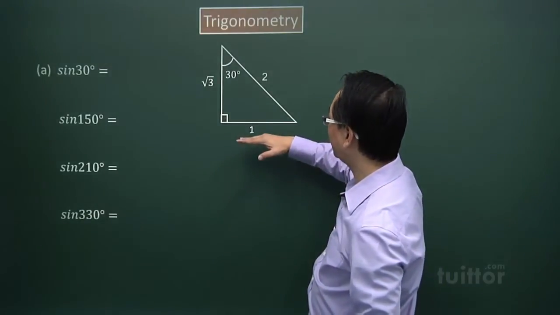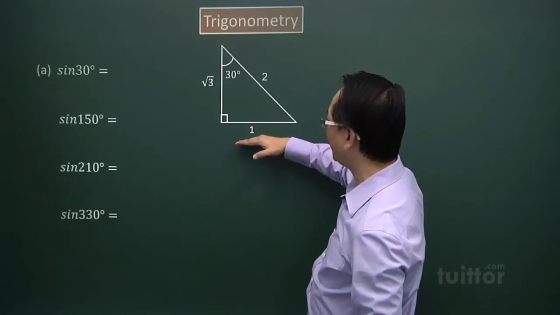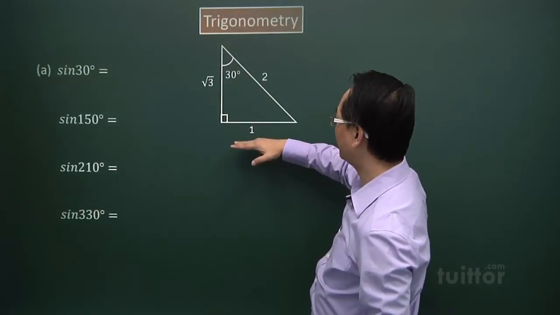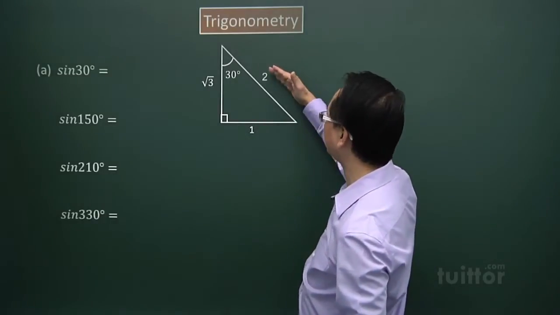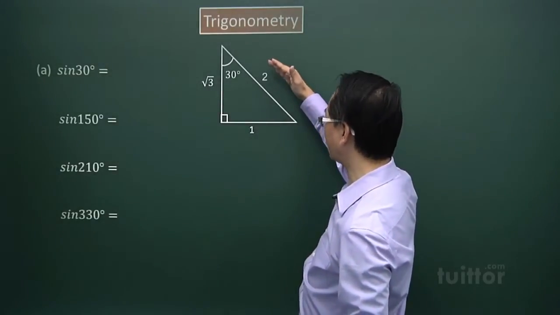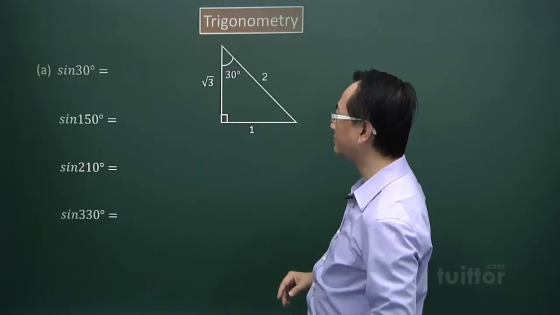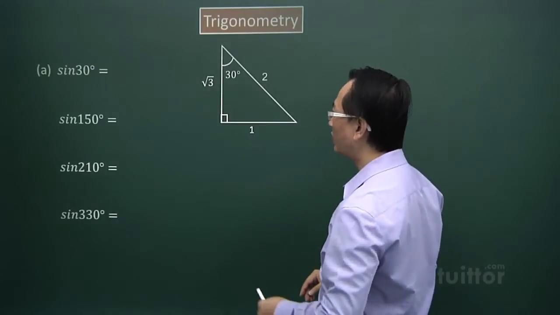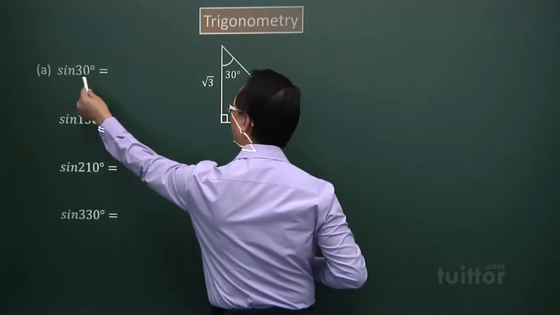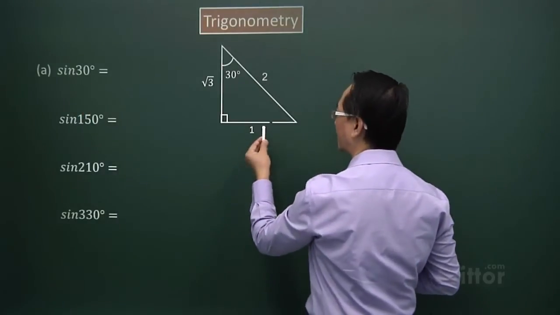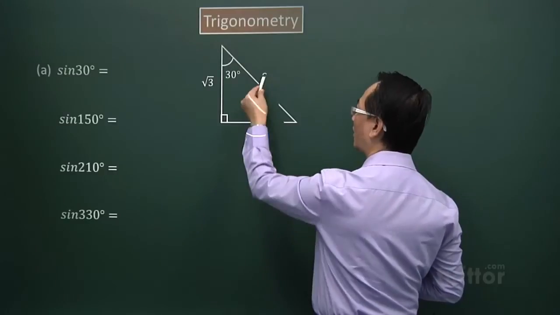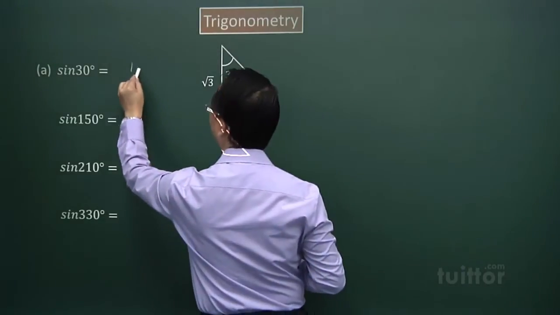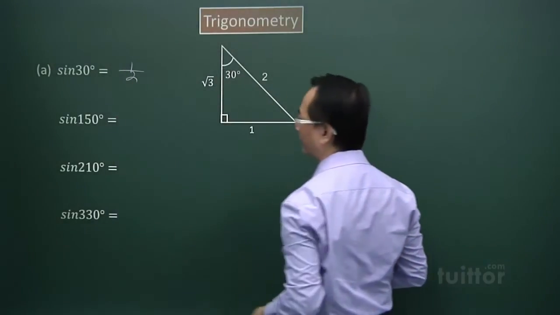Now, this one unit here is the opposite side, and here is the hypotenuse, because that is opposite the right angle. So when I'm looking at sine 30, I'll take the opposite over the hypotenuse. So 1 over 2 gives me a value of half.